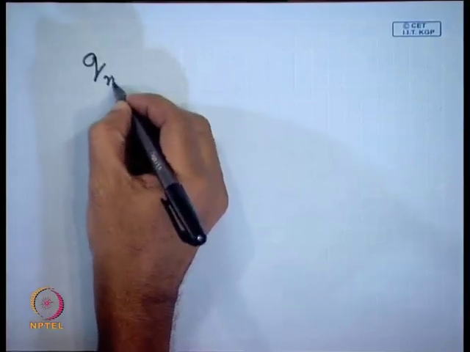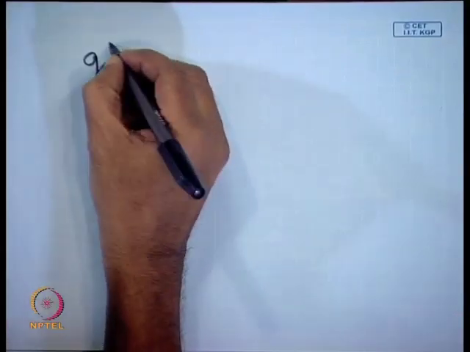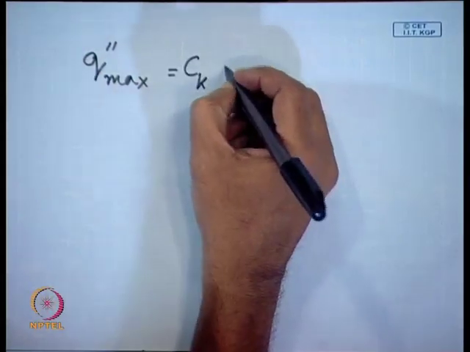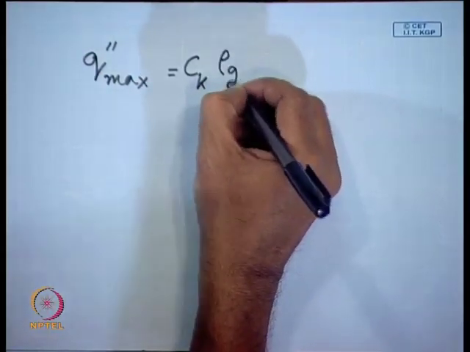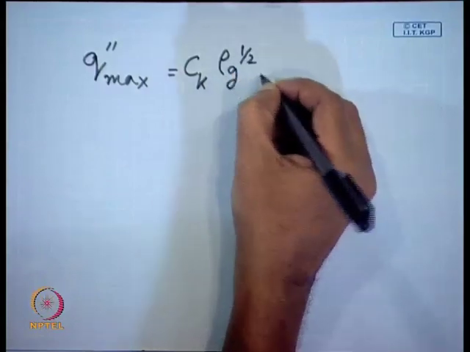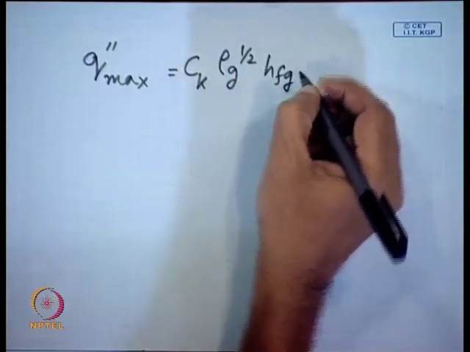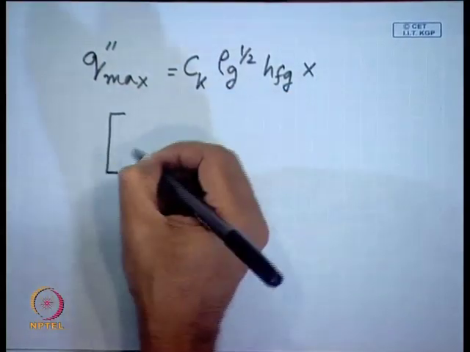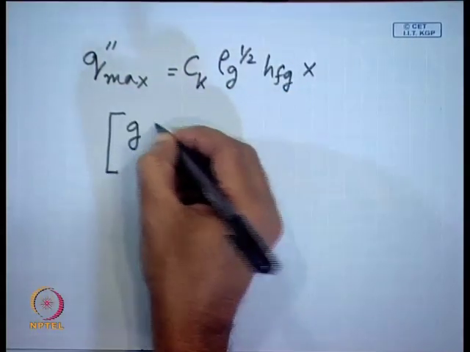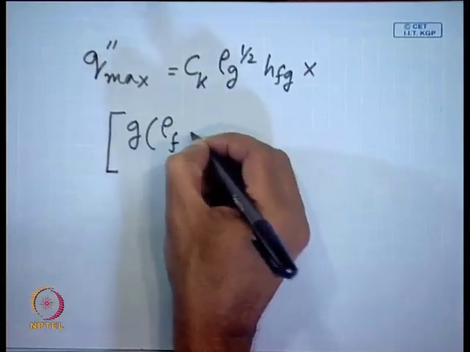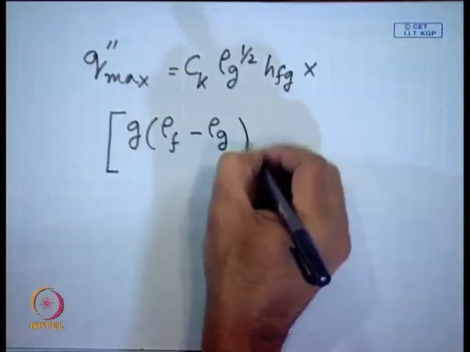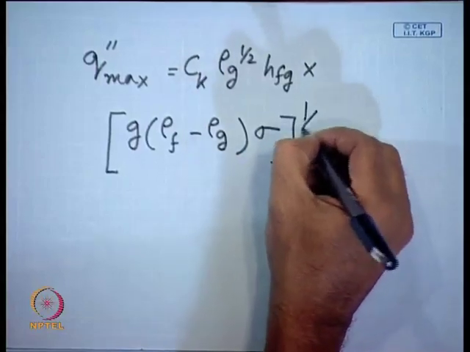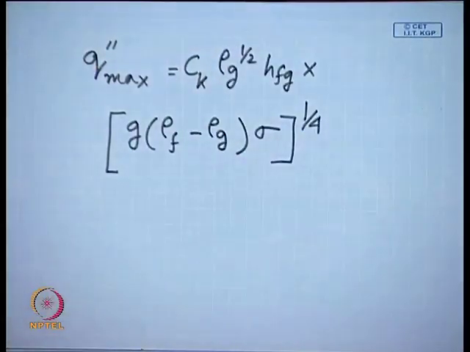Q max equal to C k rho g to the power half H f g multiplied by [g (rho f minus rho g) sigma] to the power 1/4. Okay.